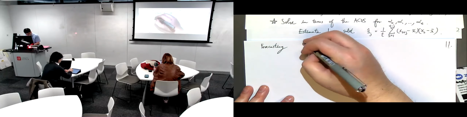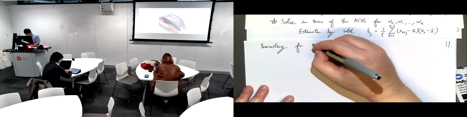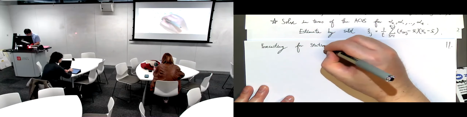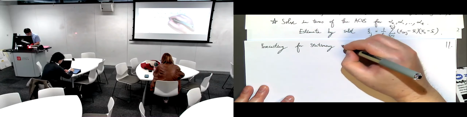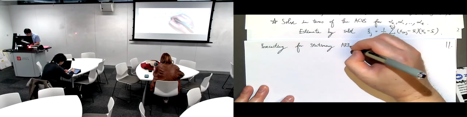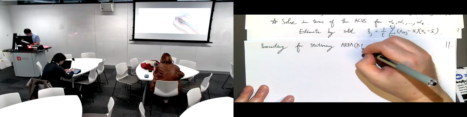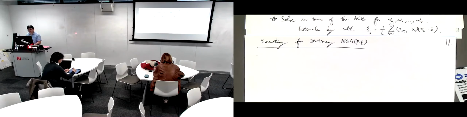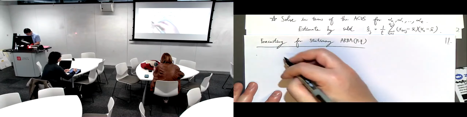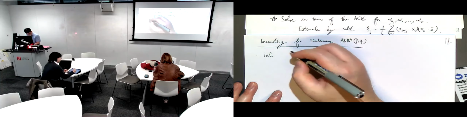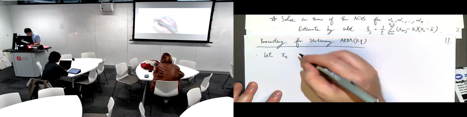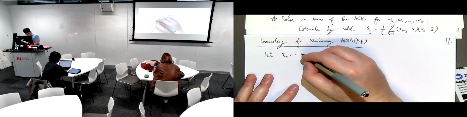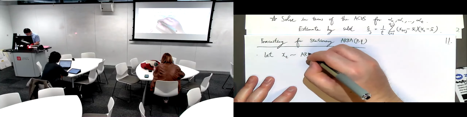So forecasting for a stationary ARMA model, let me show you the forecast first, the best forecast, which is also linear.